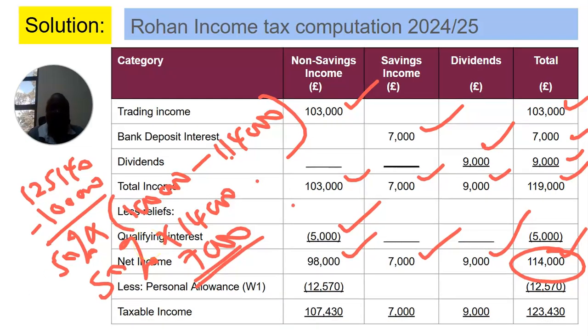So in this case, the personal allowance should reduce by 7,000. So that is 12,570 minus 7,000. This means it will come to 5,570 as the personal allowance.